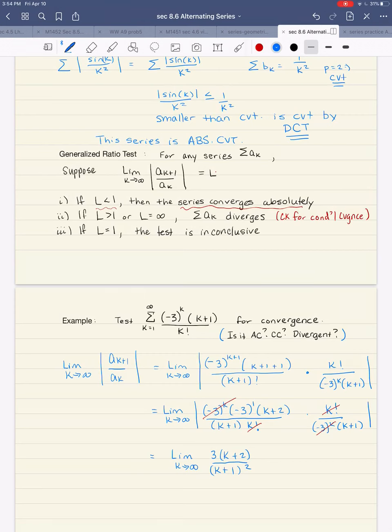As k goes to infinity, notice that the degree on the bottom is bigger than the degree on the top. So we have a bottom-heavy fraction. Our limit is 0. 0 is smaller than 1. So the generalized ratio test says that our series is absolutely convergent. And we're done.